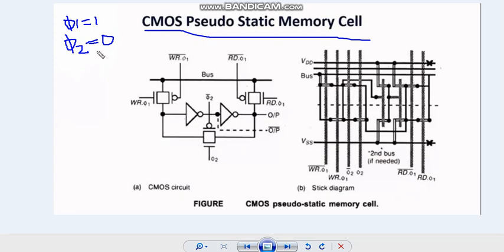Only for the refresh operation are these values complemented: phi 1 will be 0 and phi 2 will be 1. This is for a refresh operation, and the other condition is for a read and write operation.